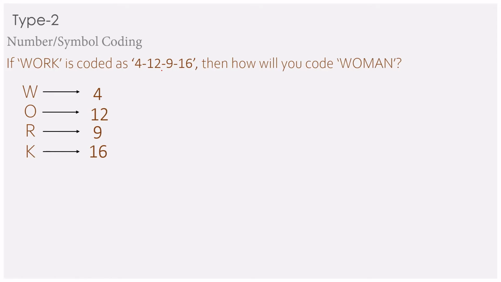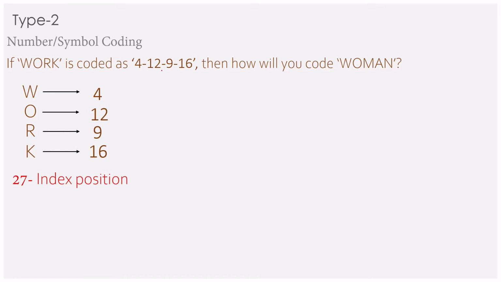So if I go with W, it's 4. Actually, W's position is not 4. WXYZ, right? It's definitely not 4. So what is it? Okay, let's see the answer now. 27 minus its index position is the code.